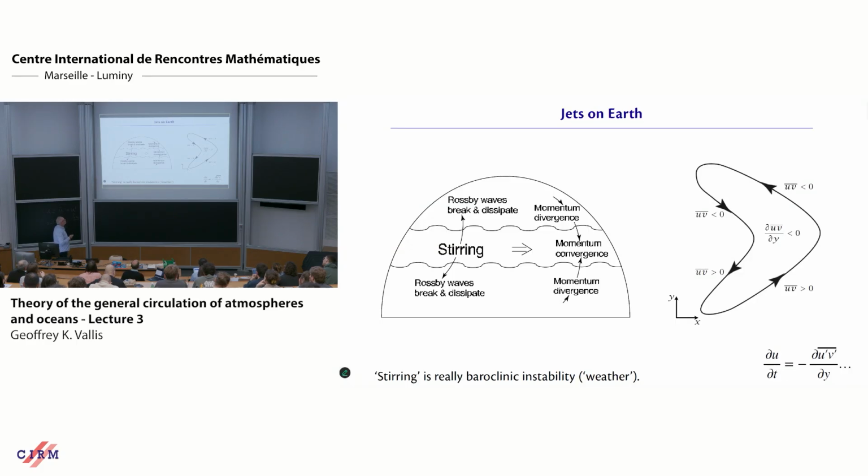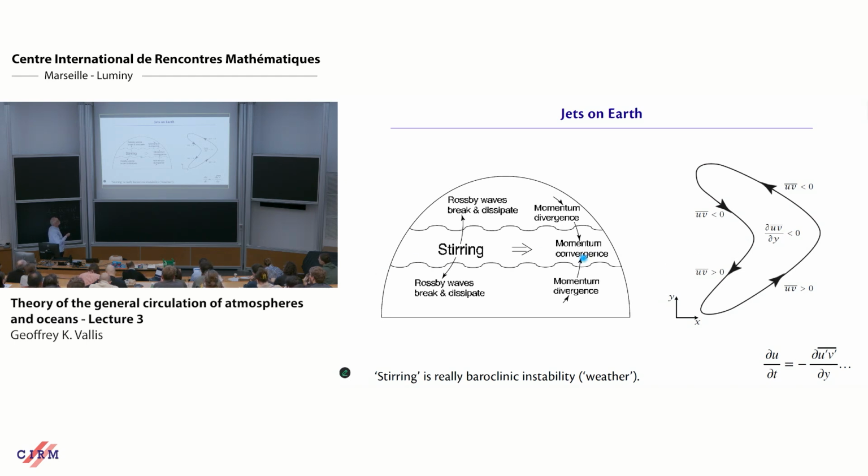So, how does that happen? That happens because the flow looks something a little bit like this.